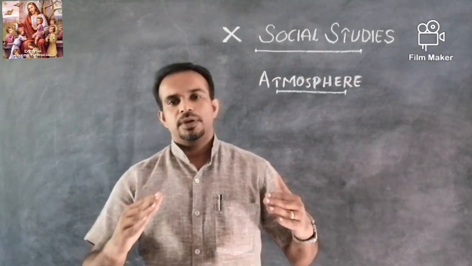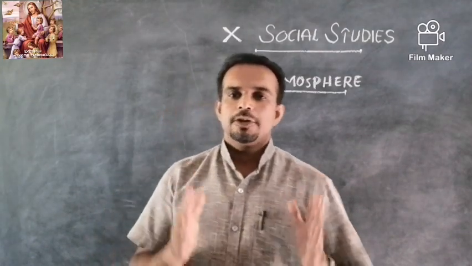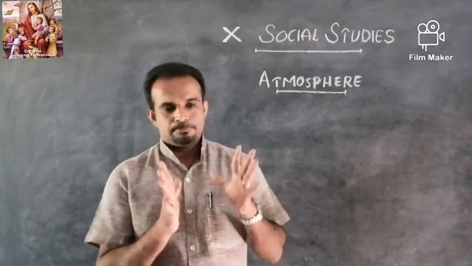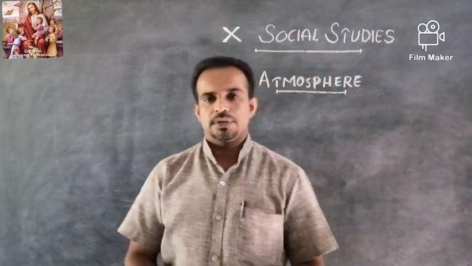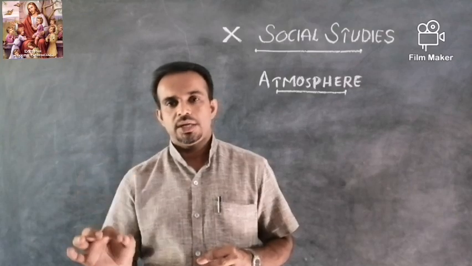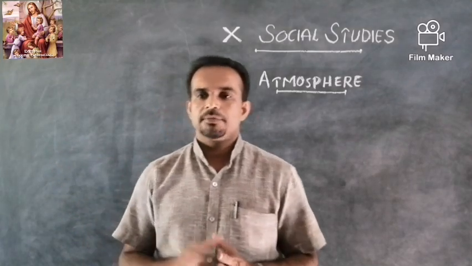The entire atmospheric area can be divided mainly into two based on the chemical composition: homosphere and heterosphere. Homosphere is further divided into three: troposphere, stratosphere and mesosphere.